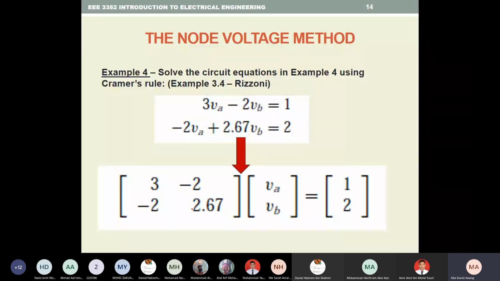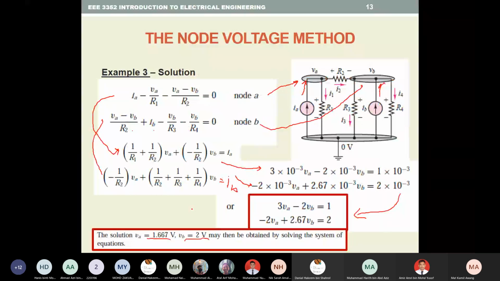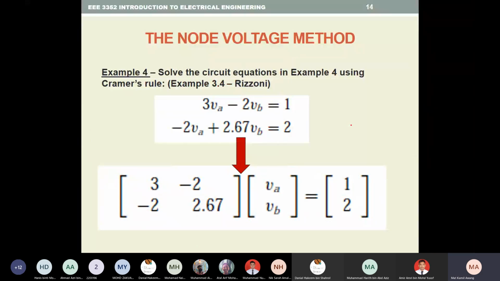Solve the circuit equation in example 4 using Cramer's rule. Actually, I'll take the same example here using Cramer's rule.